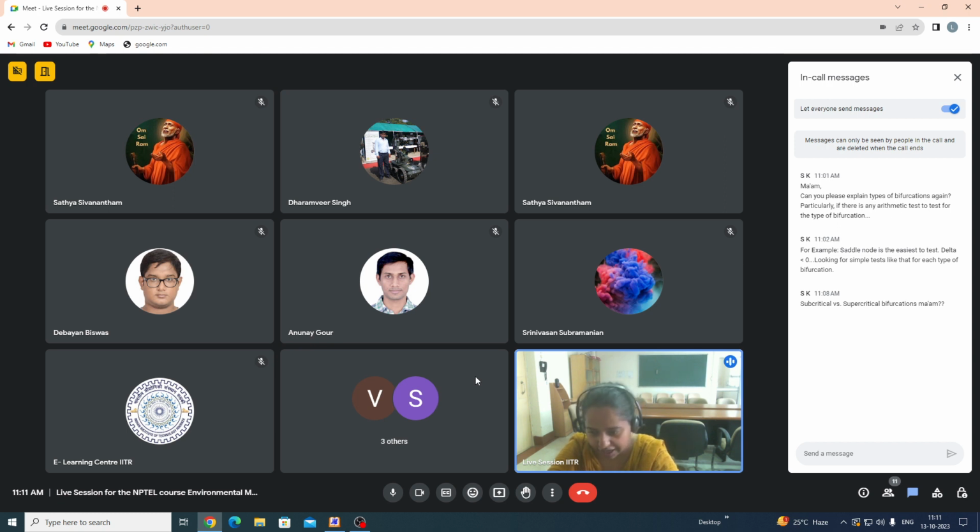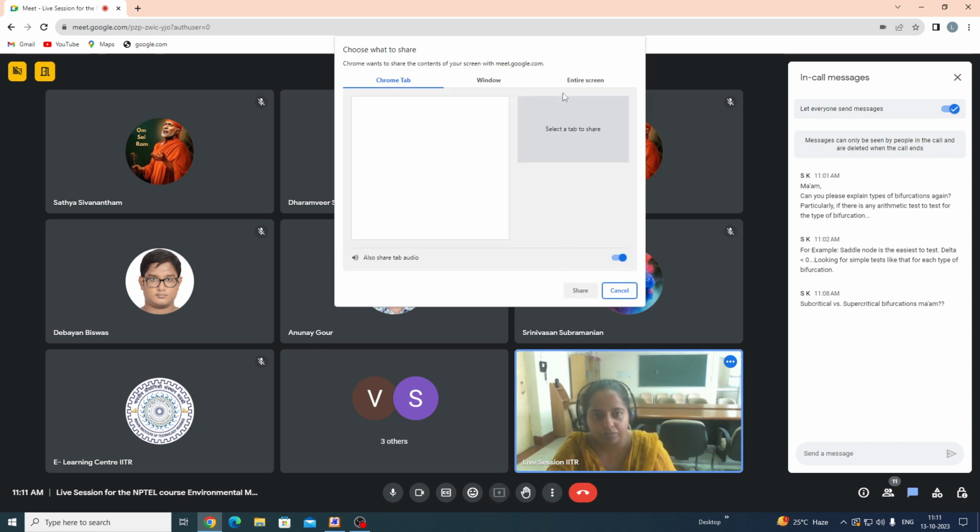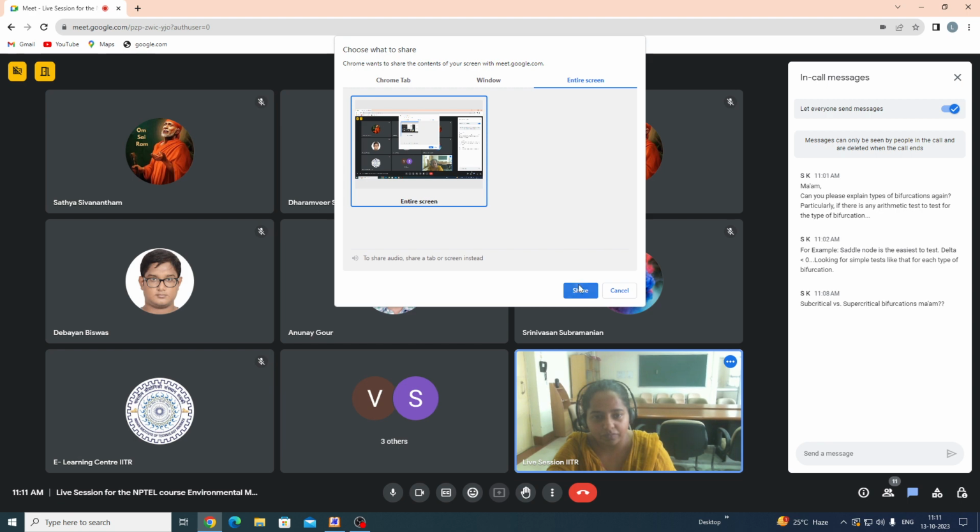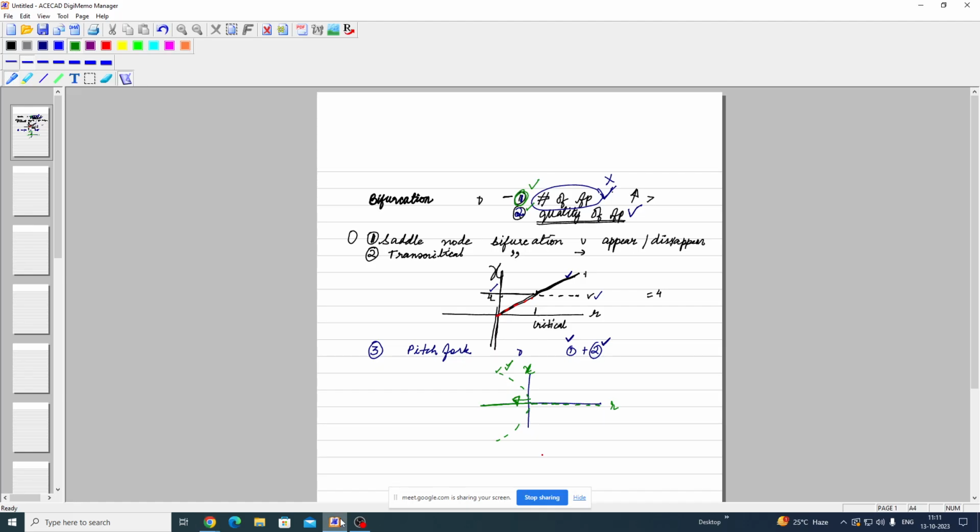Now, if I have new unstable fixed points emerging at the critical point, which is the diagram that I drew, let me share the screen again. In this particular case, you can see that at the critical point, to the left side of it, new fixed points are arising, and the two new fixed points arising are unstable fixed points.